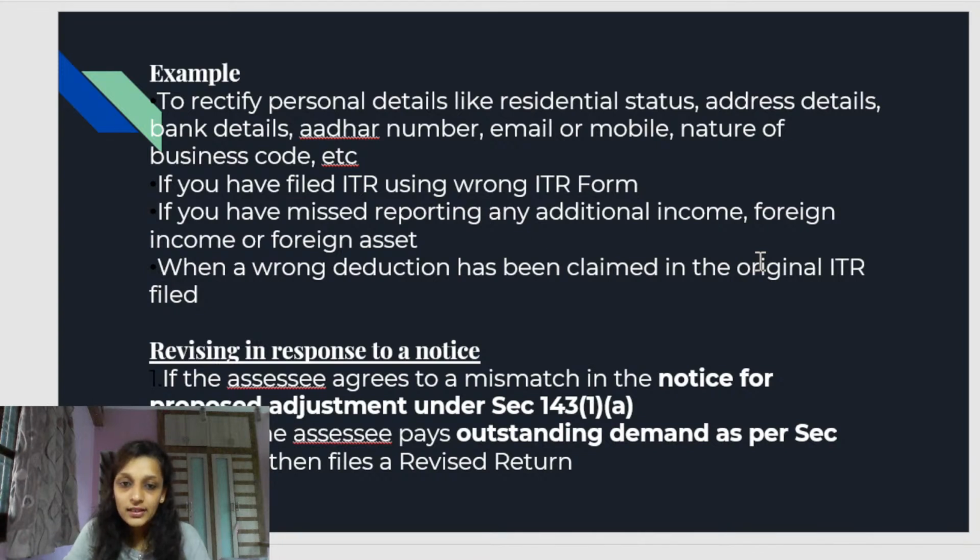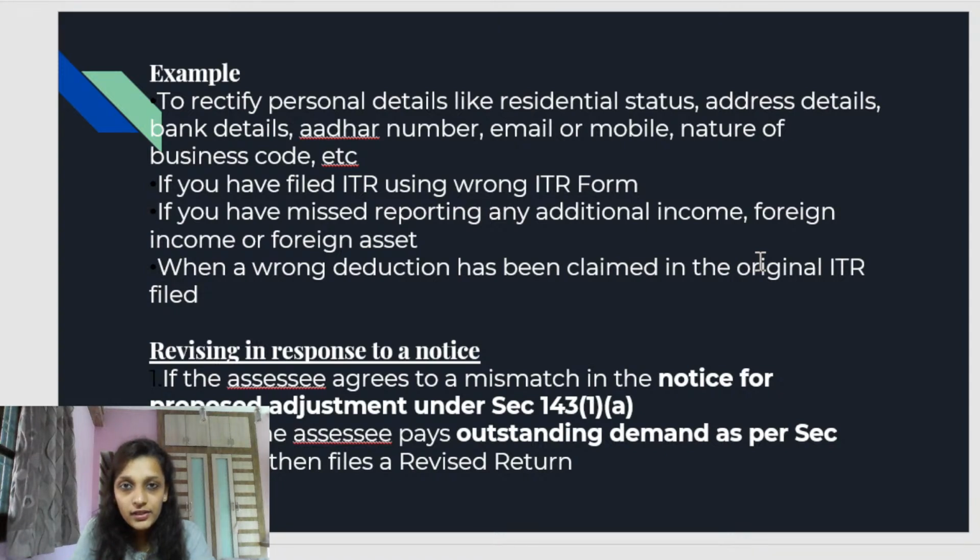Second case, if you have received any kind of notice from the income tax department, that will also lead you to revise your ITR. If the assessee agrees to the mismatch in the notice for proposed adjustment, you know that after submitting your original return, you will get an intimation notice under section 143(1).